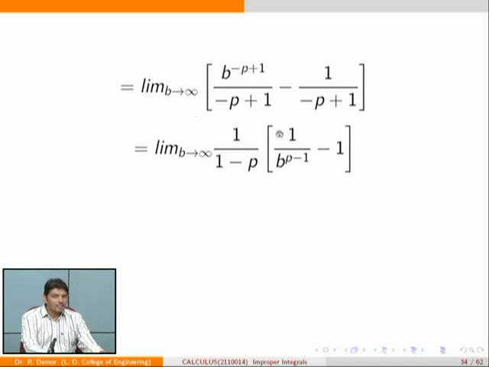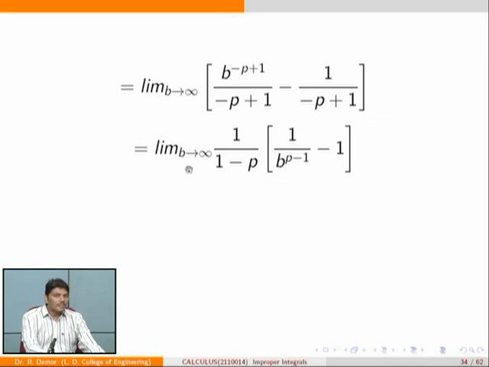Now 1 upon 1 minus p is a fixed number, and this 1 is also a constant number. So when I take the limit as b tends to infinity, these do not change; only this part changes, because it is 1 upon b to the power p minus 1.